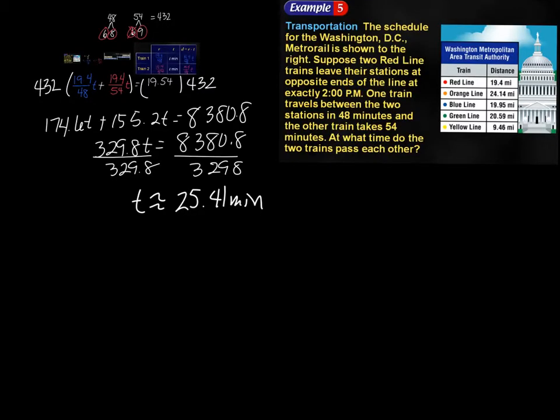And I get that it'll take them about 25.41 minutes, rounding to the nearest hundredth. Rereading the original question, it asked, at what time do the two trains pass each other? Fortunately for us, they left at exactly 2 p.m., so they will cross each other at about 2:25 p.m.